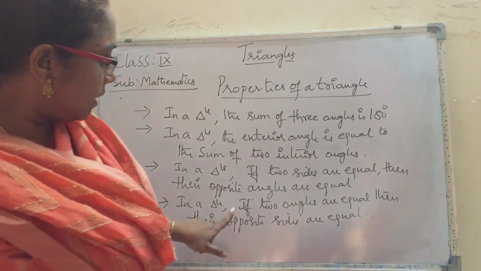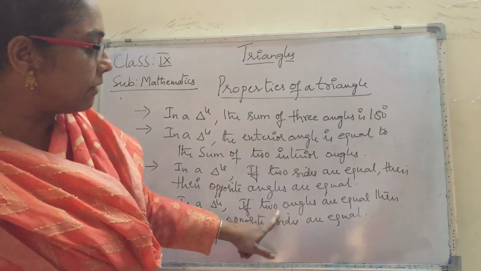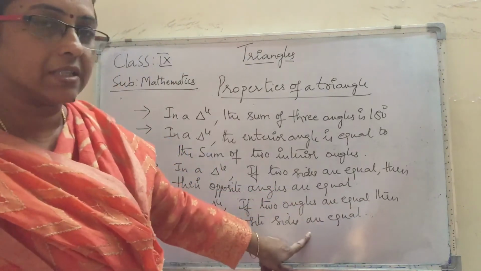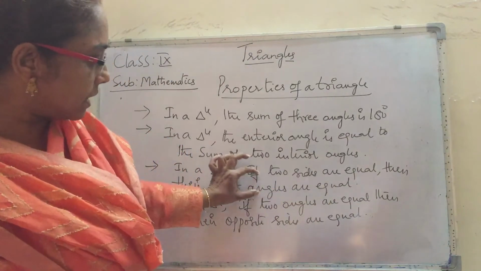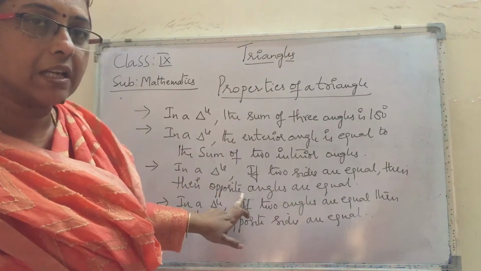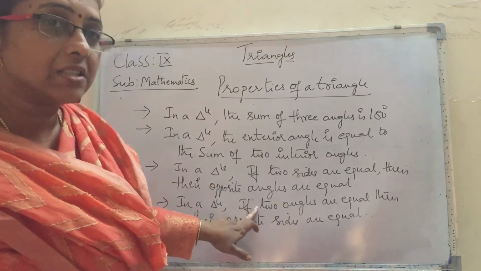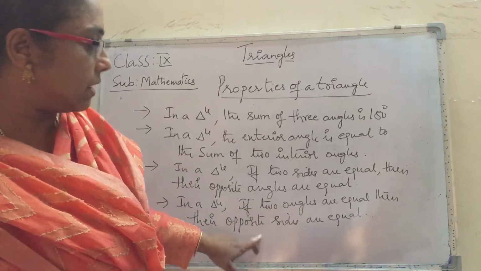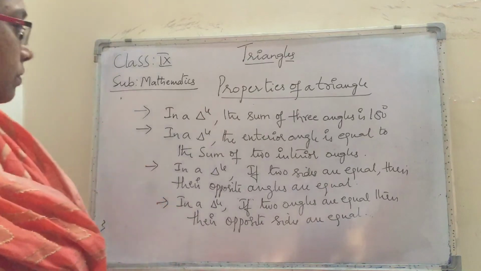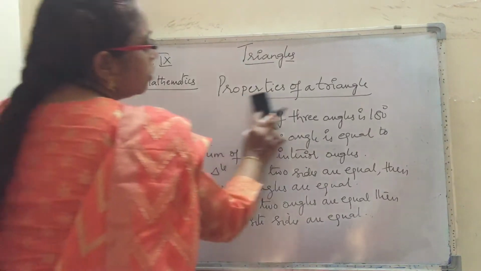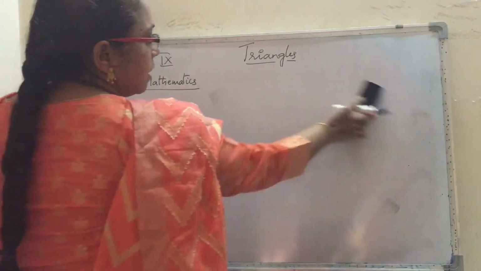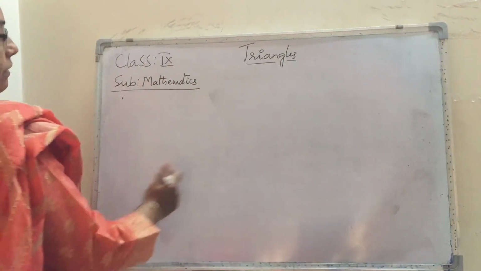In a triangle if 2 angles are equal, then we have to prove their opposite sides are equal. So these 2 are converse to each other. Now we have to prove the third and fourth properties. First we will prove the third one.